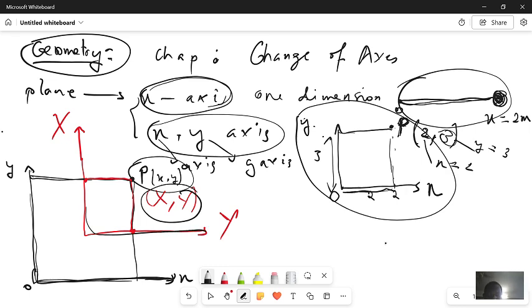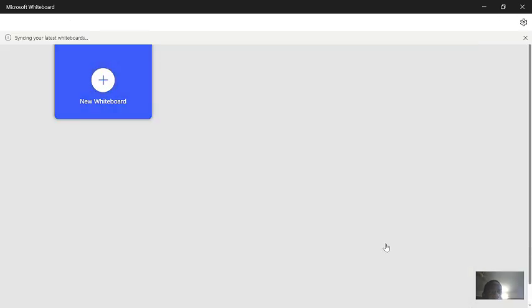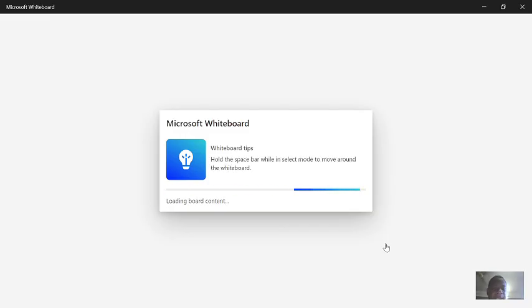Let's say, for example, I have an xy plane with two dimensions and a point.